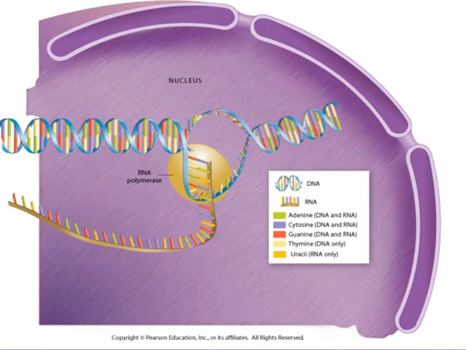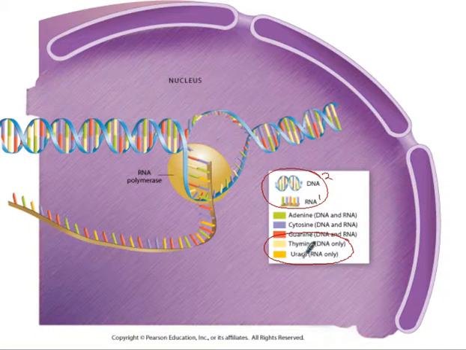Here's a picture from your book that shows you a process of DNA making RNA. I want to show you a couple of differences in this picture. First, you've got a difference here in strandedness. DNA is 2, RNA is only 1 strand. And then I want you to look here. DNA has thymine where RNA has uracil.